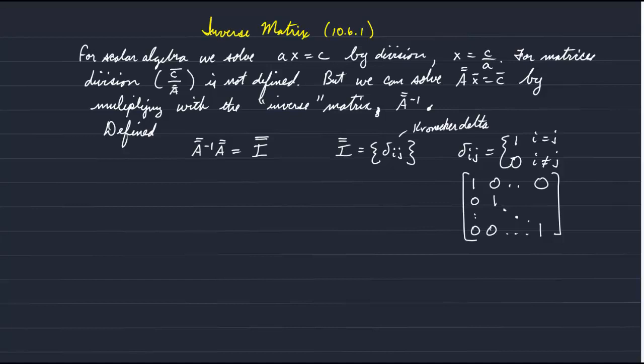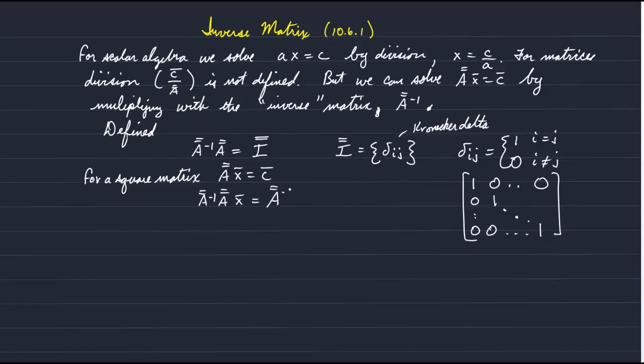And if we have the inverse matrix for a square matrix in which the number of equations is equal to the number of unknowns, then we can solve this system AX equals C by pre-multiplying both sides of the equation by the inverse.